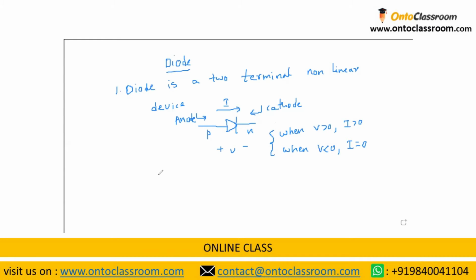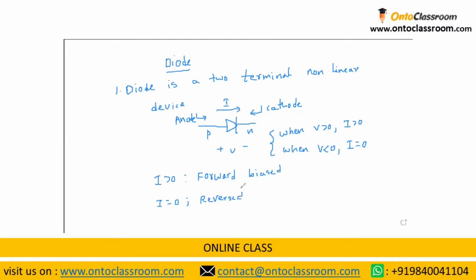So I can say that whenever the current is more than 0, this diode is forward biased. And whenever the current I through the diode is equal to 0, it is regarded as reverse biased.